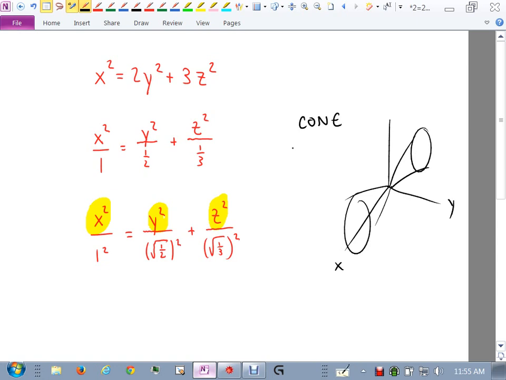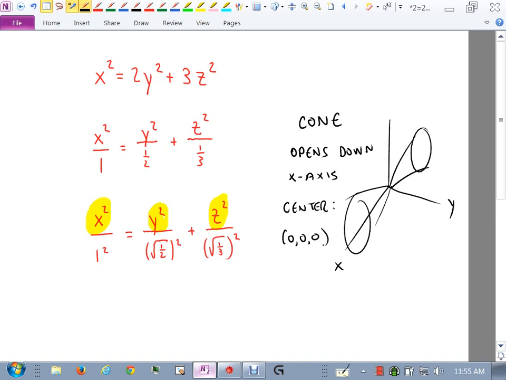So it's cone, opens down, x-axis. And one last thing, I'll say the center is 0, 0, 0. Okay? That's it. We just want to classify, get an idea what it looks like.